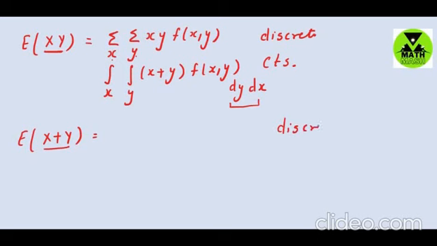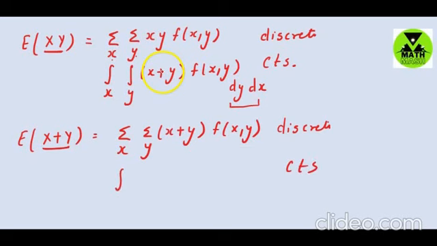So if it is discrete, then we have summation over x, summation over y. Whatever is written here, this is x plus y, and the joint distribution or the joint density function, that is, we have f of x, y. So that is the joint function, it is f of x, y. And if it is continuous, then integral over x, integral over y.